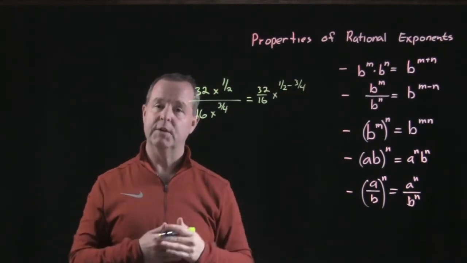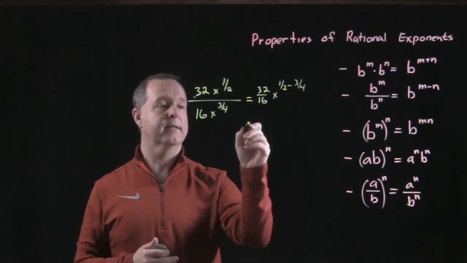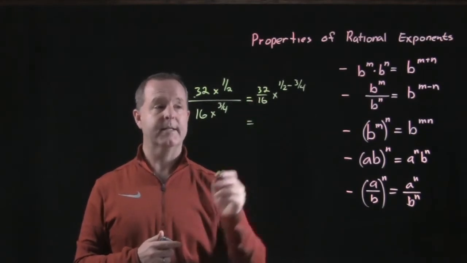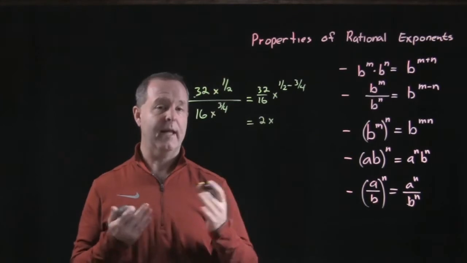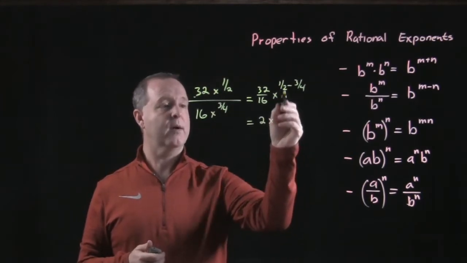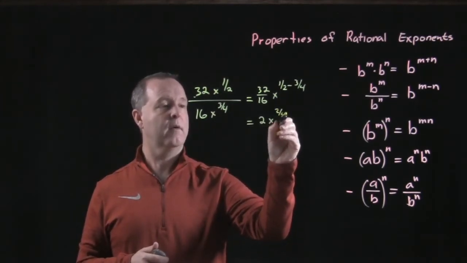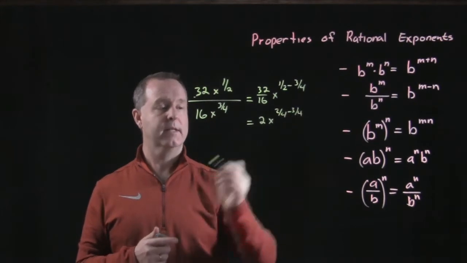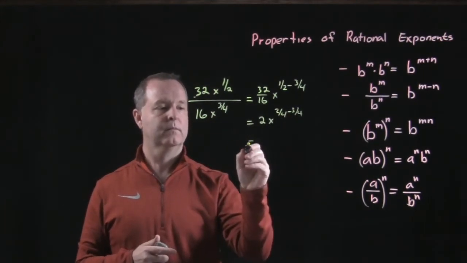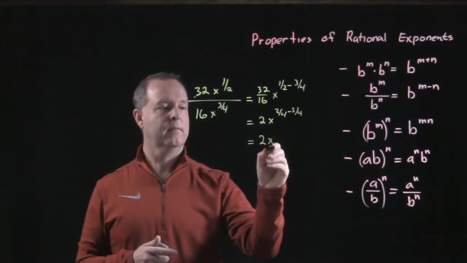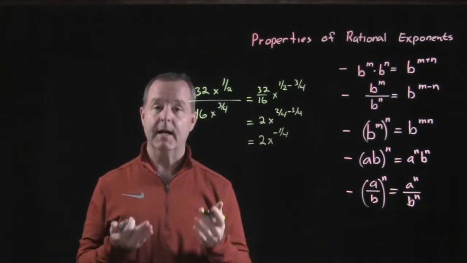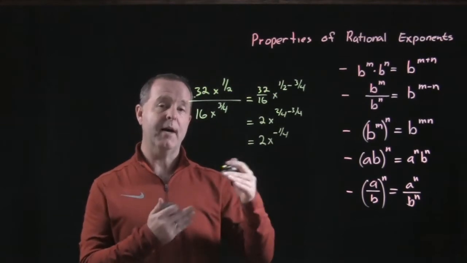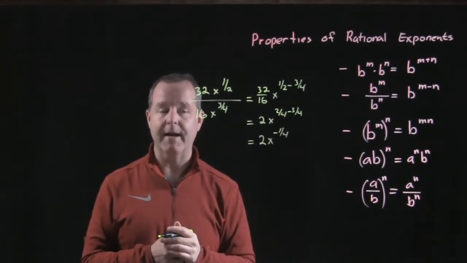And then from there, it's just a process of simplifying. 32 divided by 16 is a 2. For the exponents, like bases to subtract, so let's rewrite 1/2 as 2/4 minus 3/4, which gives me a -1/4.